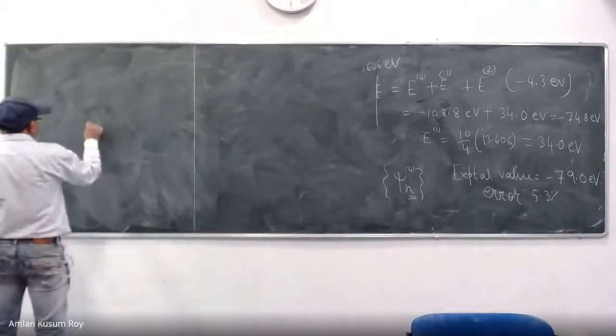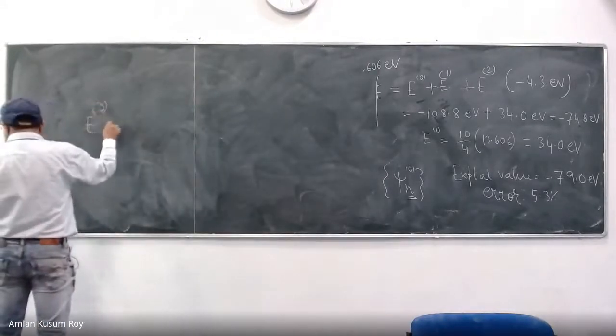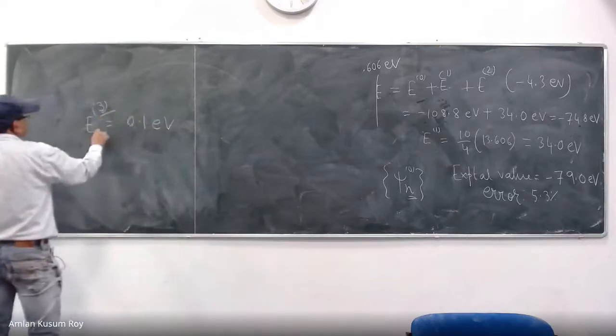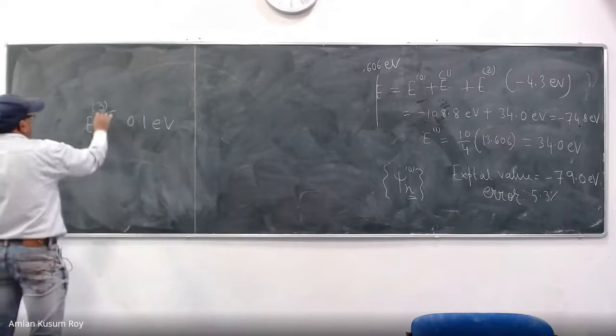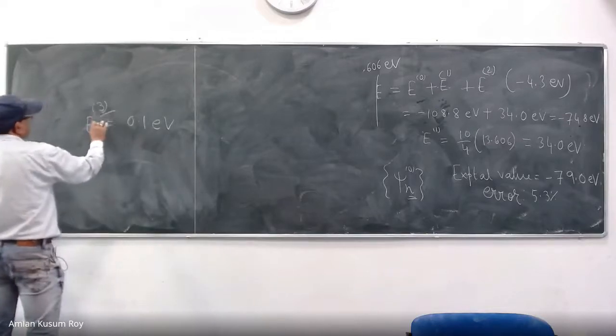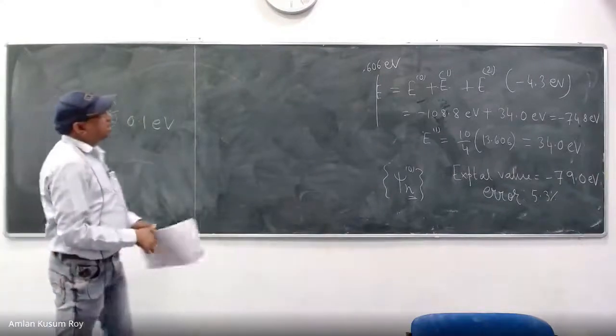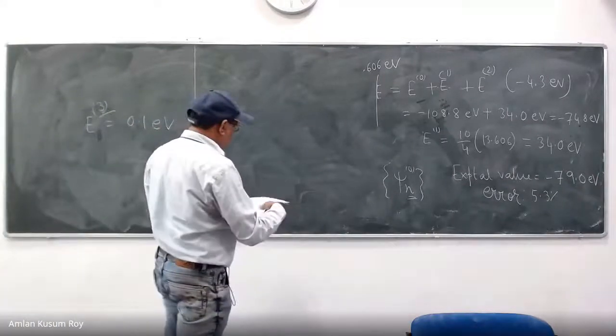But we can also pursue the third correction, which is difficult, but it can also be done. 0.1 electron volt is the third correction. Sorry. So E3, the third order correction, you can see how small that number is.